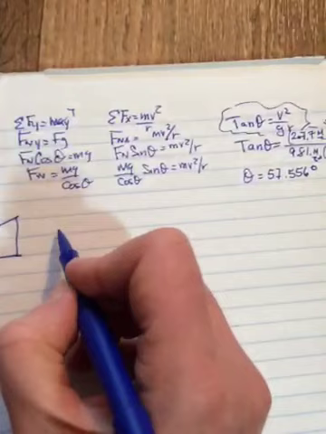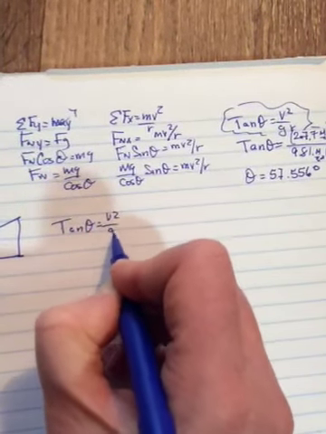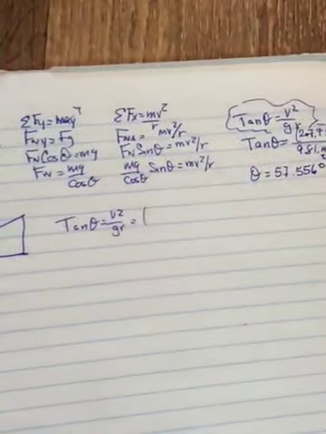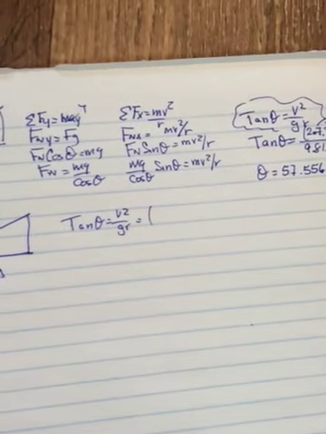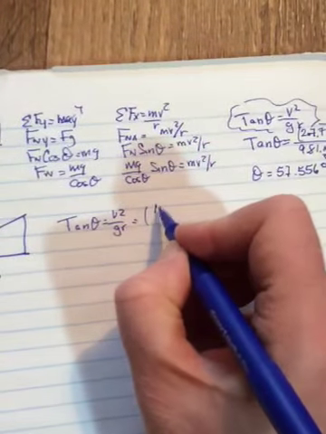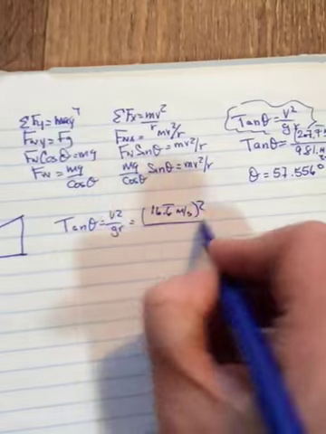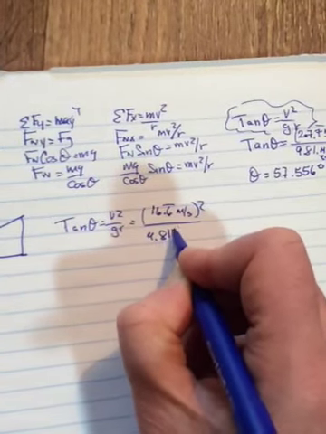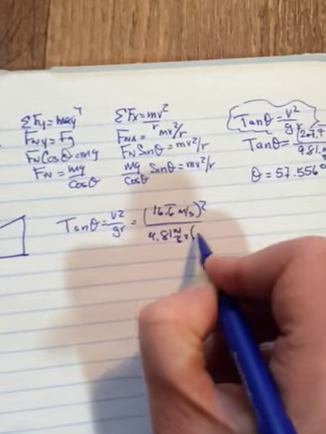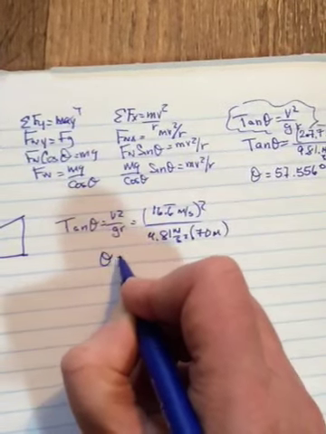I'm taking a shortcut because this video is going to run out before I get to the end. So tan theta is equal to v squared over gr, and that's 60 kilometers per hour, which is 16.6 repeating meters per second, and you're going to square that over 9.81 meters per second squared, and the radius was 70 meters, and you're going to get your angle.